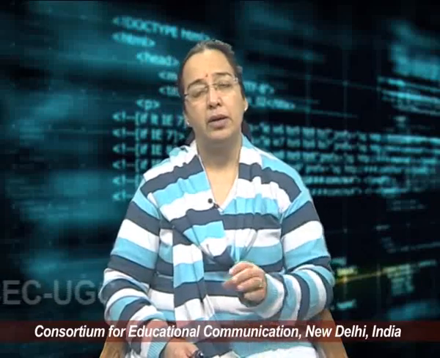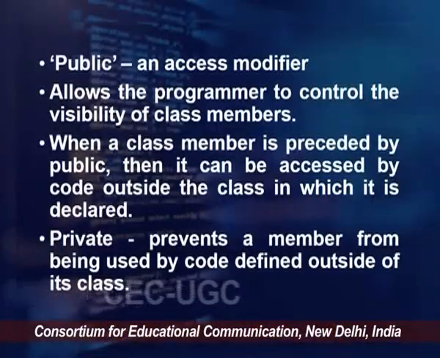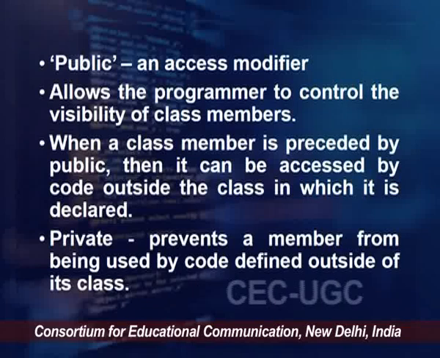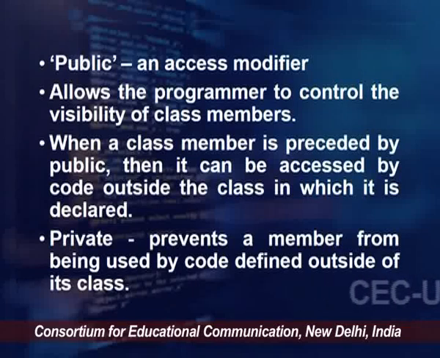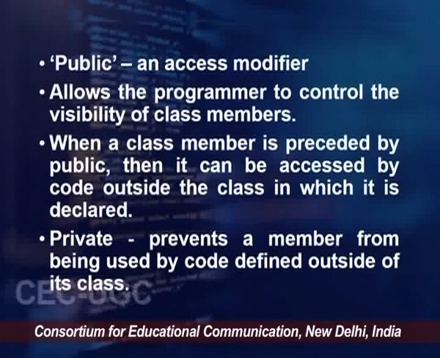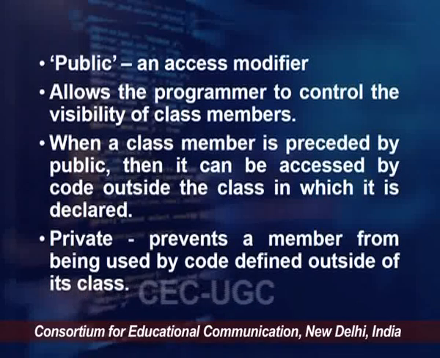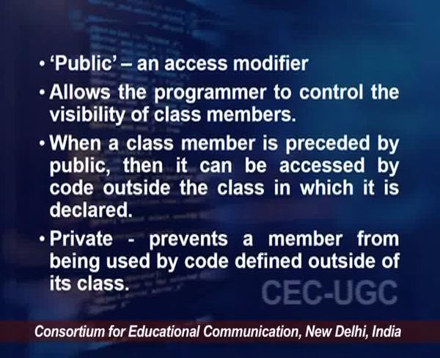So here in front of main we have used public because we want the code outside the class example to use this main function. That's why it has been declared as public. Now coming to the next keyword, which is static.